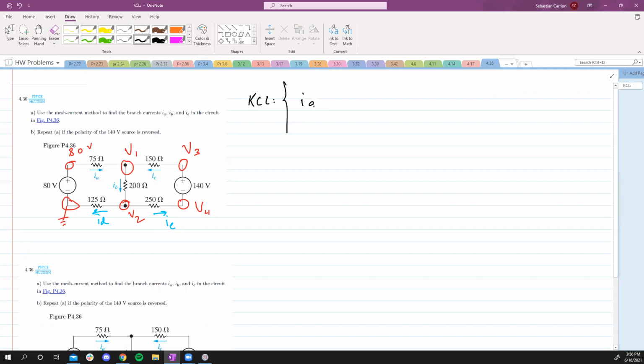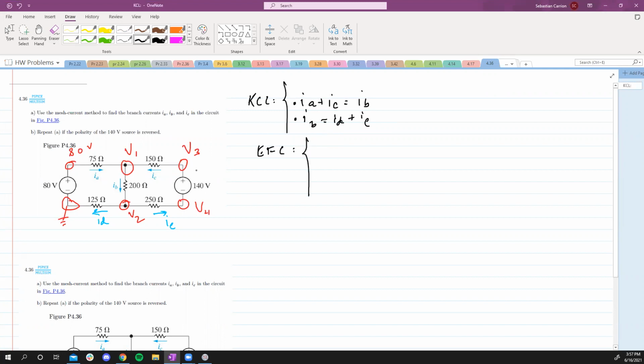Okay, so let's do our KCL. We know IA plus IC equals IB. And then we know IB is equal to ID plus IE. Right.